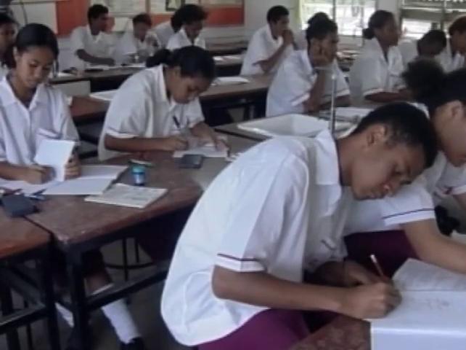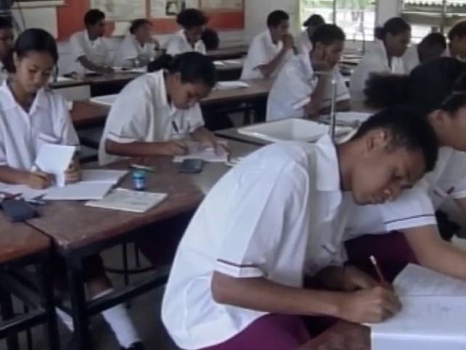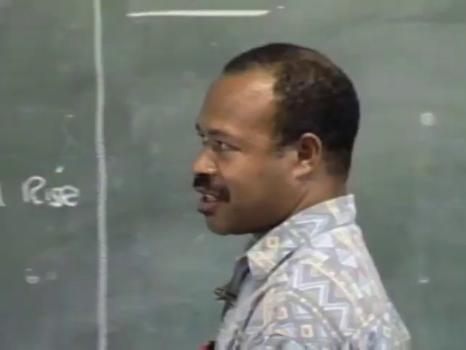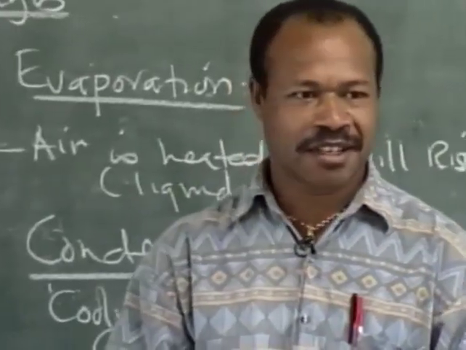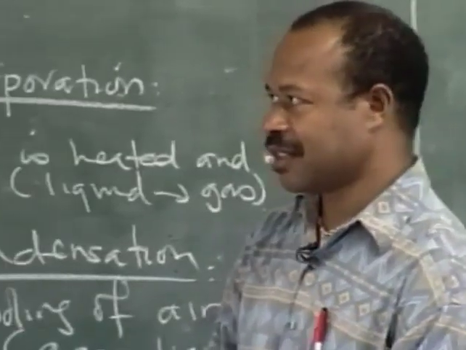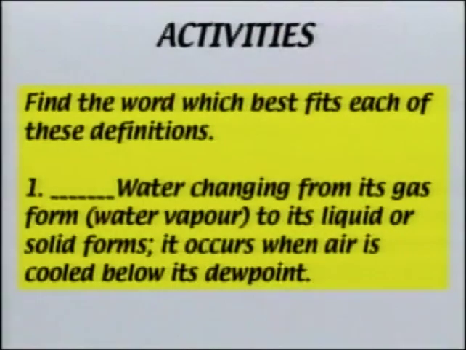Okay, today's activity. We have a list of words that you will fill in for the given definitions. So we have question 1. You have a blank there, and the definition is given. For this activity, you will find the word that best defines the given definition from the table there.